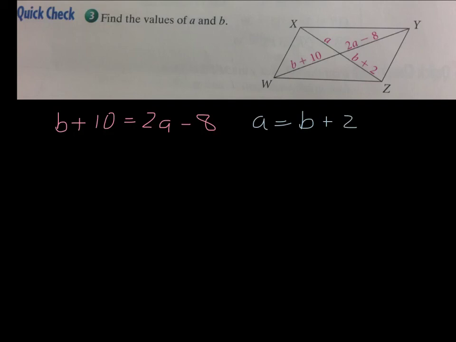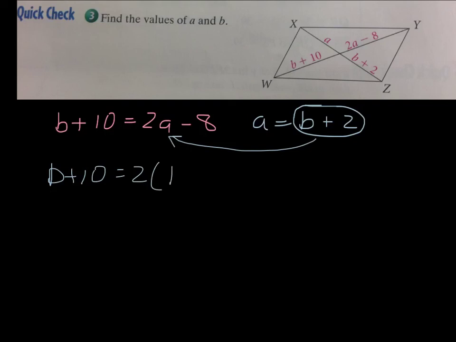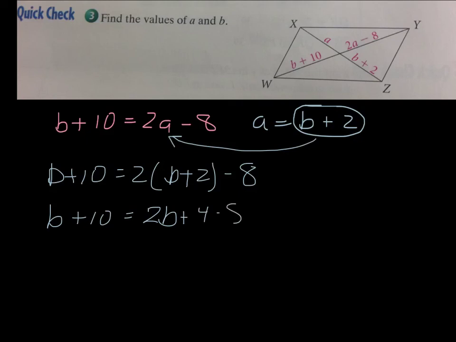Alright, we are going to again substitute b plus 2 in for a into the first equation. So we're going to get b plus 10 equals 2 times the quantity of b plus 2 minus 8. First we will distribute the 2: 2b plus 4 minus 8.